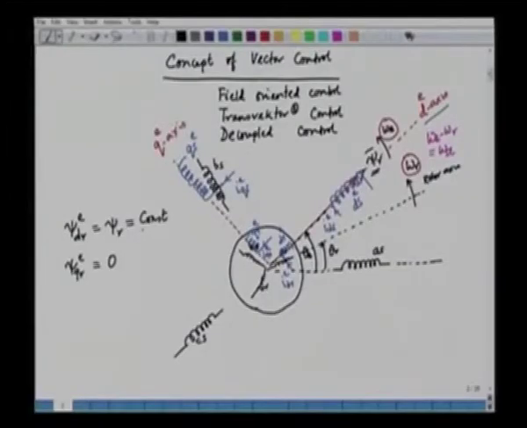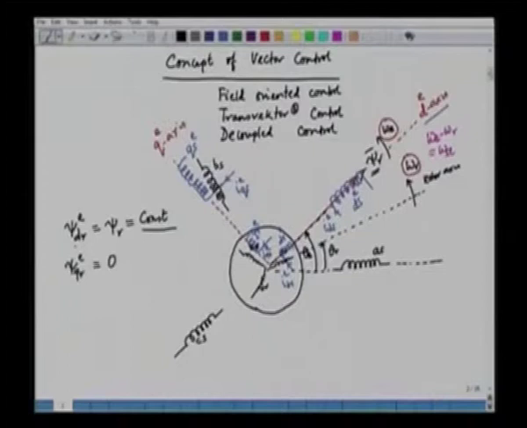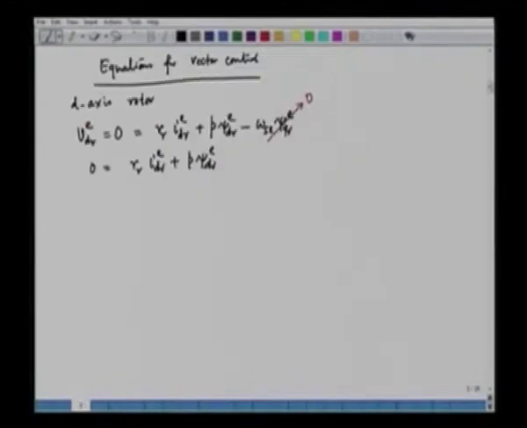So, if we change the flux, the torque response will be delayed, and to change the torque, we keep the flux constant. So, we say here that psi_r, the rotor flux, is kept constant. If psi_r or psi_dr is kept constant, we can say that p psi_dr is equal to 0.